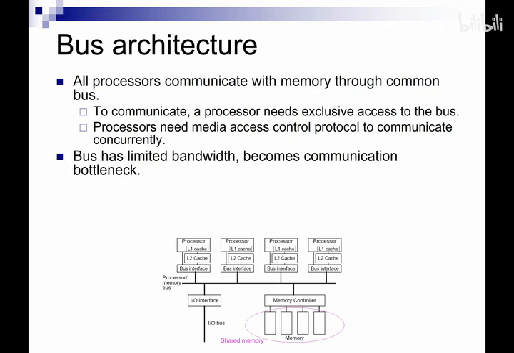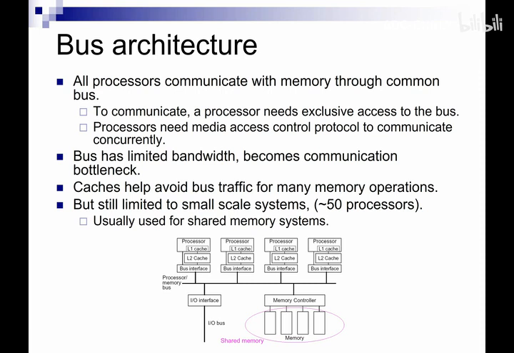The advantage to the bus is that it's very simple to build, because you just need to connect the processors in a line. The disadvantage is that it has very limited bandwidth. All of the processors are connected on the same communication medium, so this medium becomes a bottleneck.